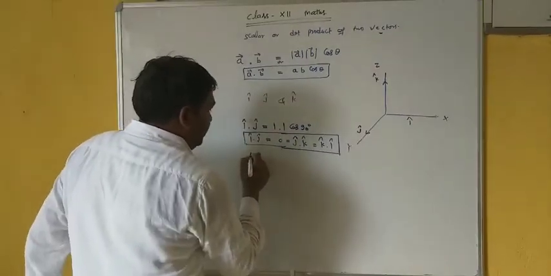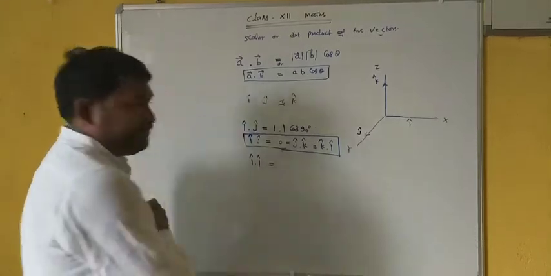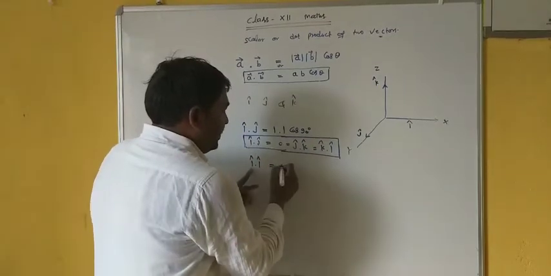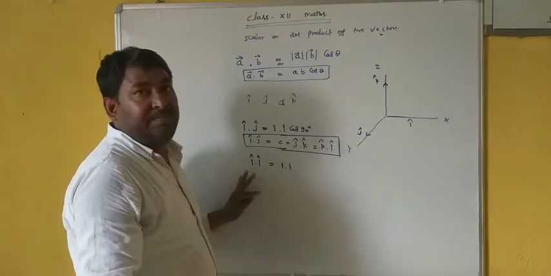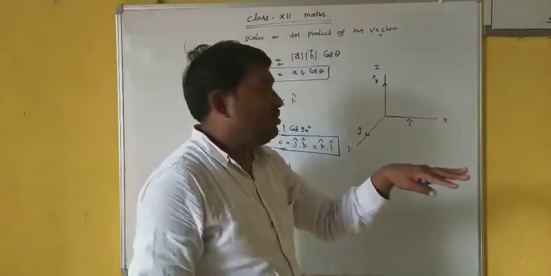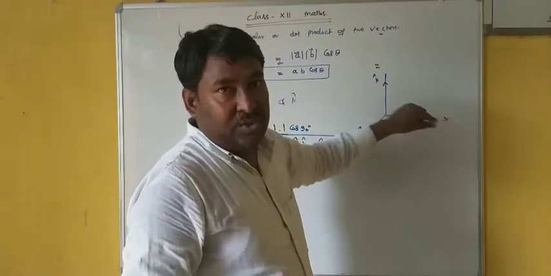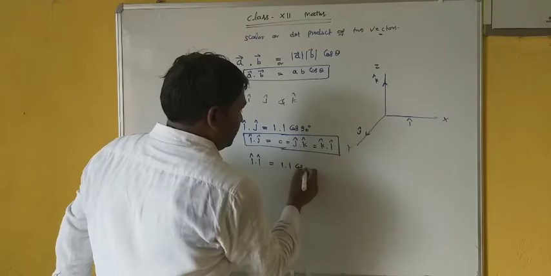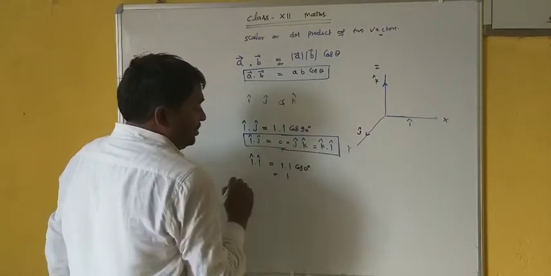And what about the same vectors? The product between two same vectors, i cap dot i cap. See, the magnitude of the first vector is 1, the magnitude of the second is 1. i cap dot i cap means both vectors are the same vector. So what is the angle between them? 0 degrees. Therefore 1 into 1 into cos 0, and cos 0 is 1, so the result is 1.